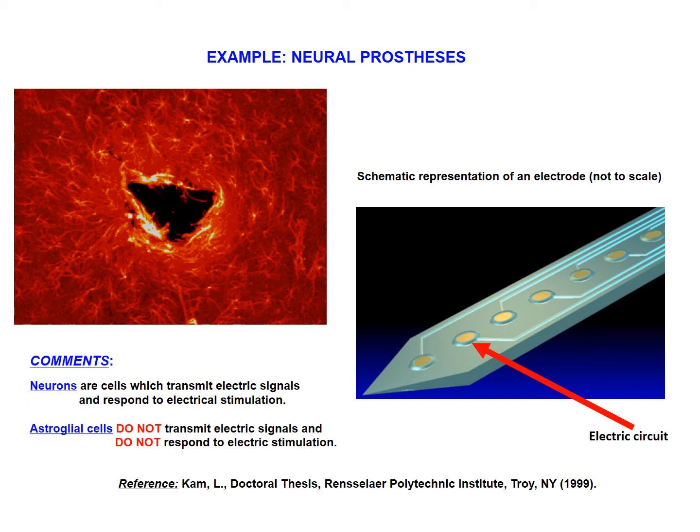A subsequent analysis at the cellular level of this particular region reveals that these white-yellow areas are the areas which contain exclusively astroglial cells. As a result of that, if the astroglial cells cover the inserted electrode, the outcome is a failure of the experiment, namely no transmission of electric signals from or to the brain.